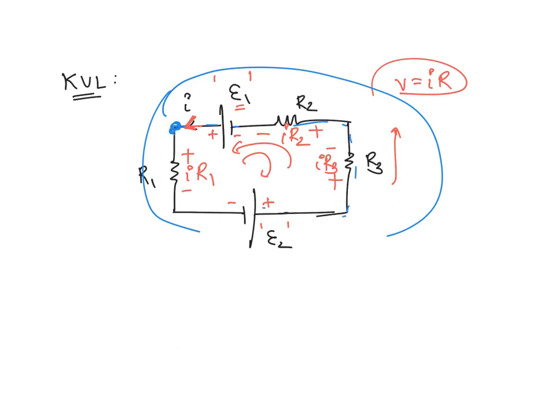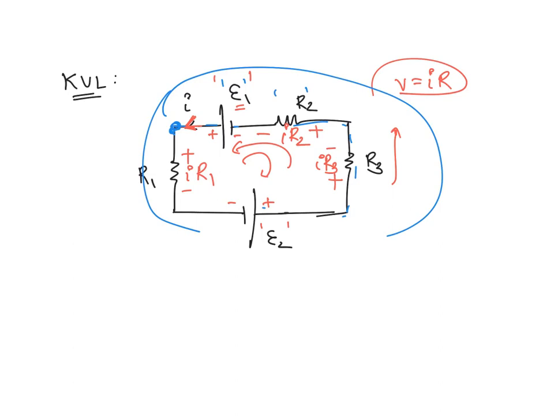That's the reason it is called a closed loop. Where there is a closed loop, we can apply Kirchhoff's voltage law, and it says that the potential drops across each and every component, cells as well as resistors, must be equal to 0.